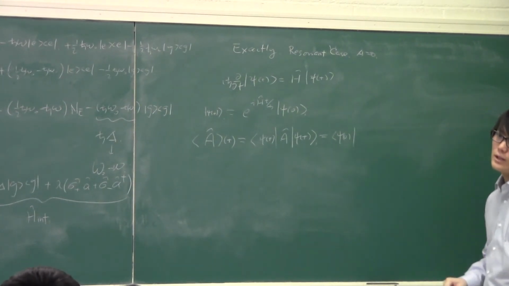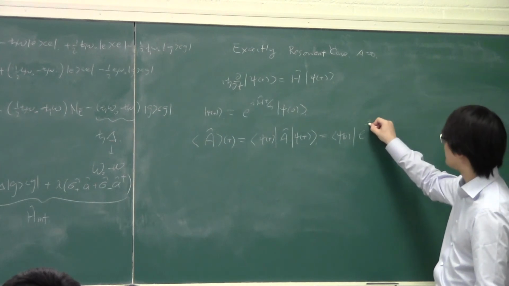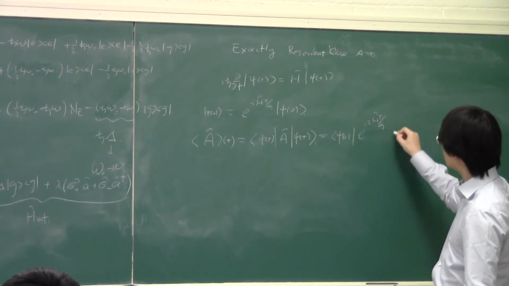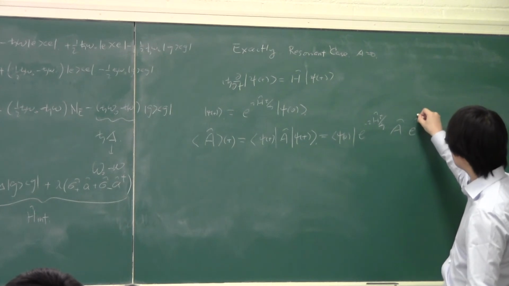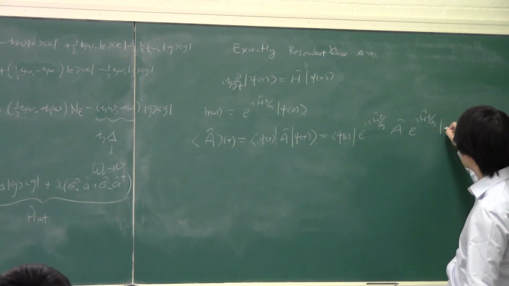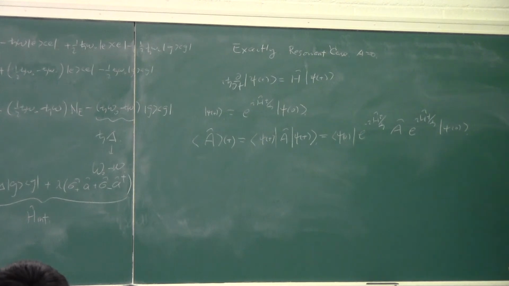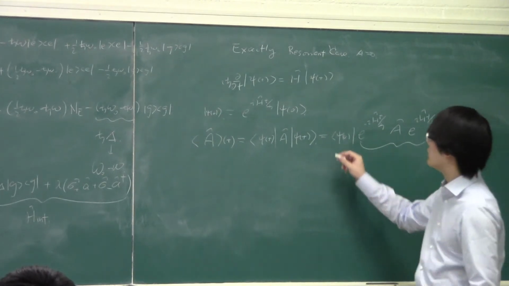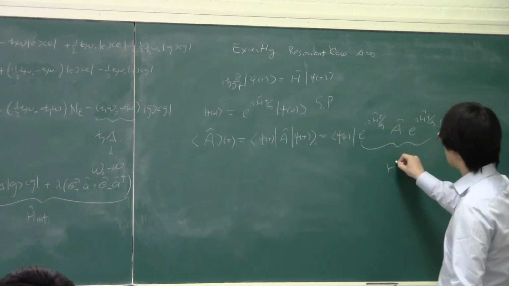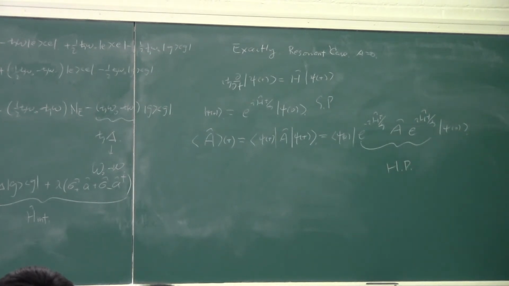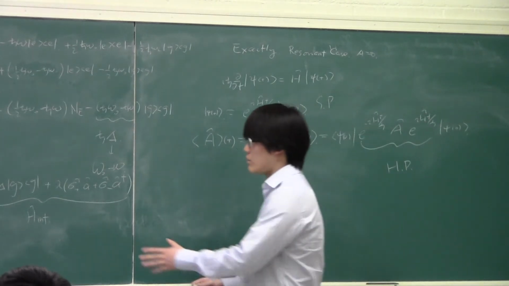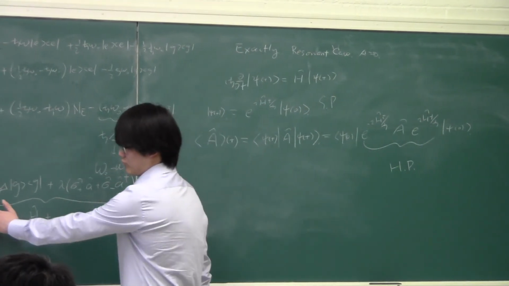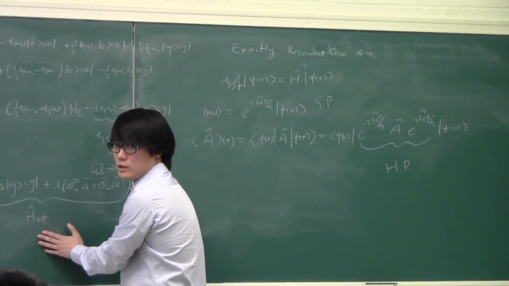I could extract out the time evolution. And then if I group these things together, I'm in the Heisenberg picture. So this is the Schrodinger picture. This is the Heisenberg picture. Now there's yet another way to do this, which is specific to problems where you have a free Hamiltonian and an interacting Hamiltonian.